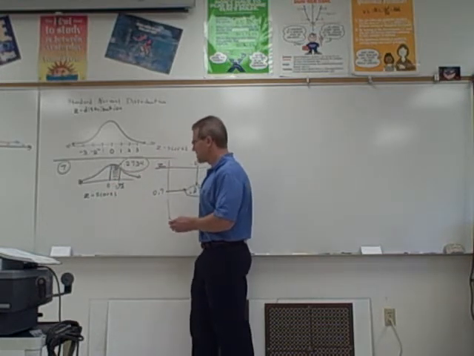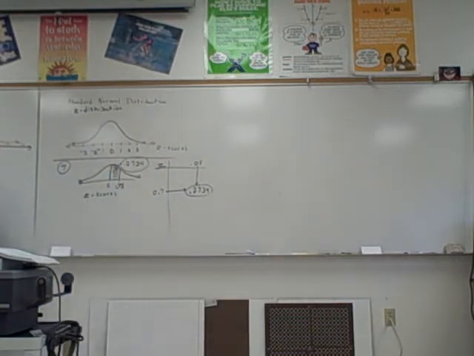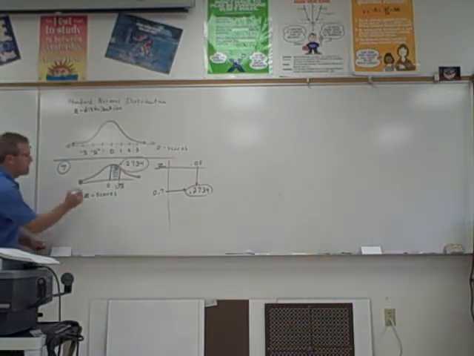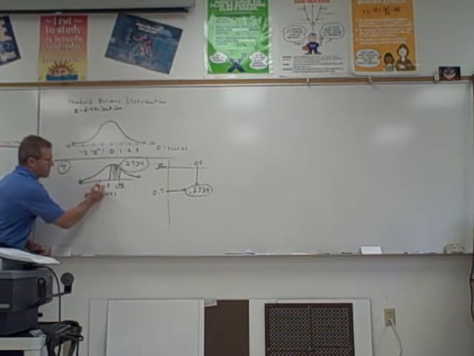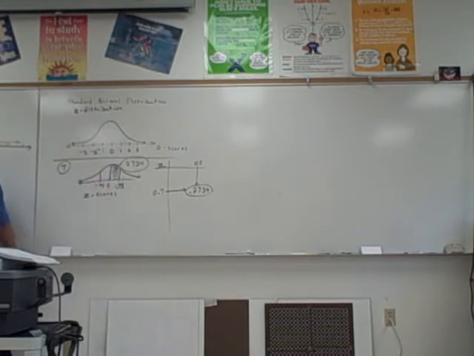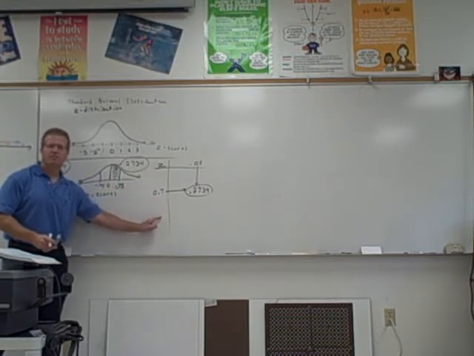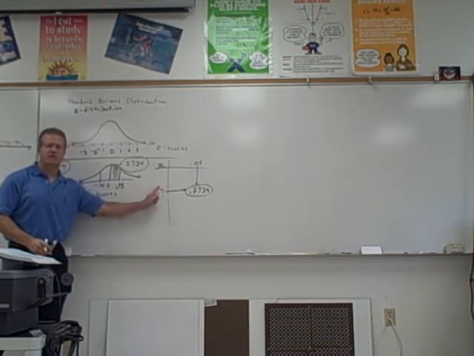But keep this in mind, what if it asked you to find the area between negative 0.75 and 0? Say you get a question like that. So then you might say, okay, I'm going to look up negative 0.7 on my chart. But look at your chart down the left side. You see any negatives? Not a single negative on that chart, is there?